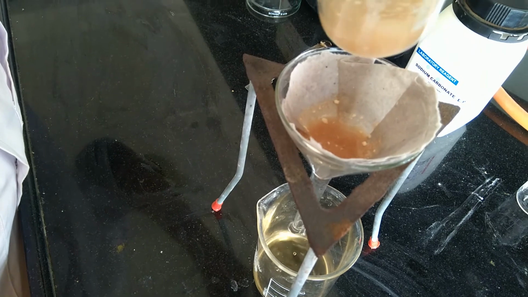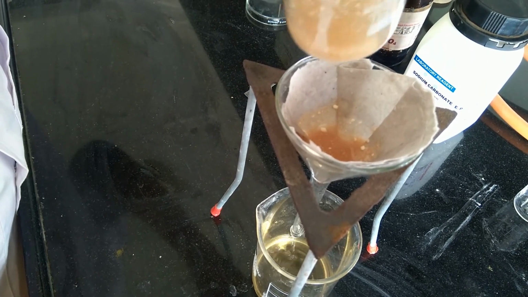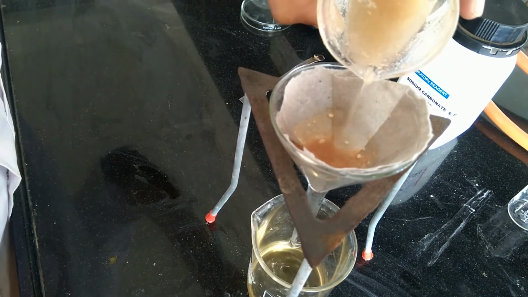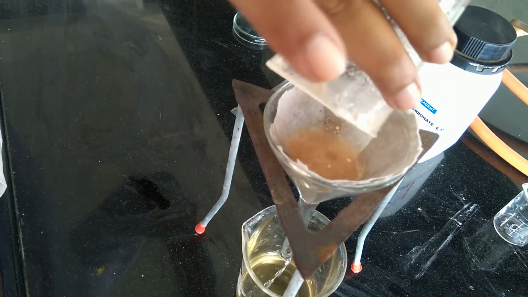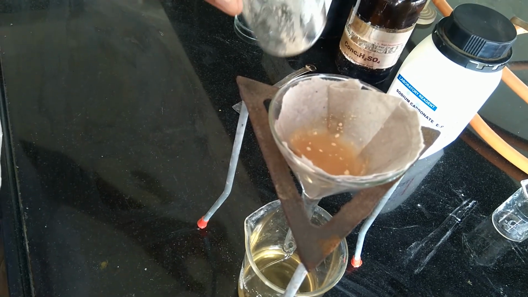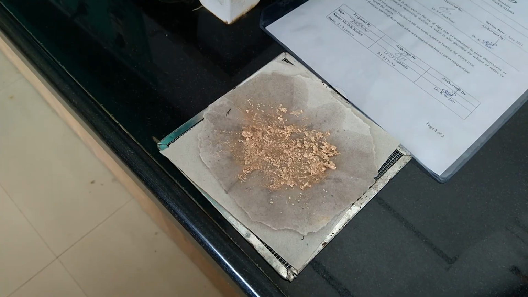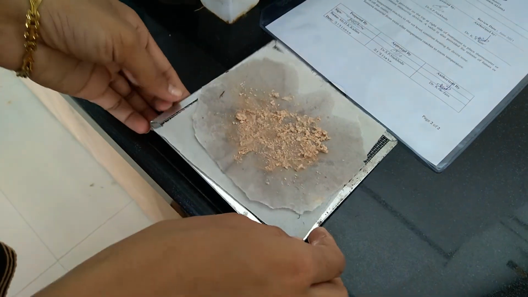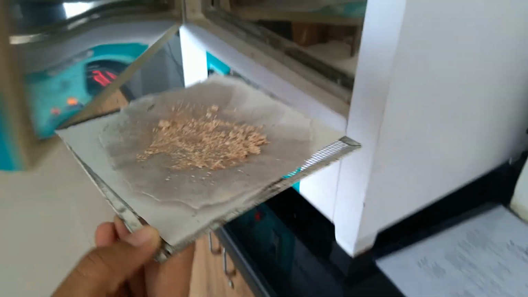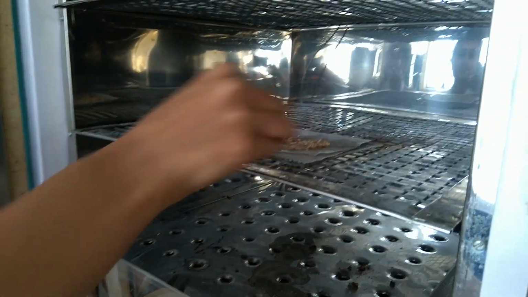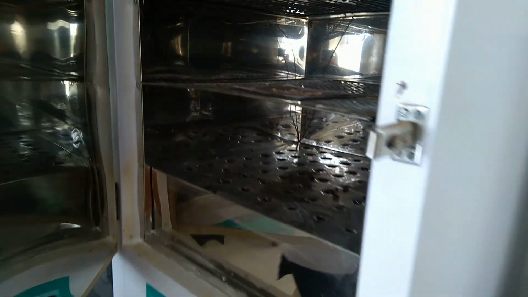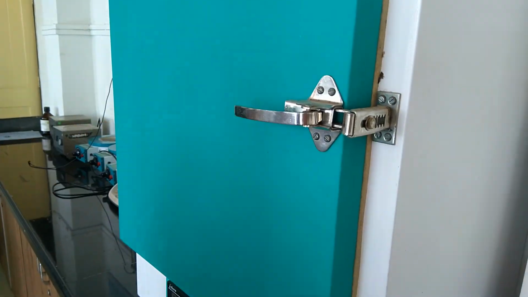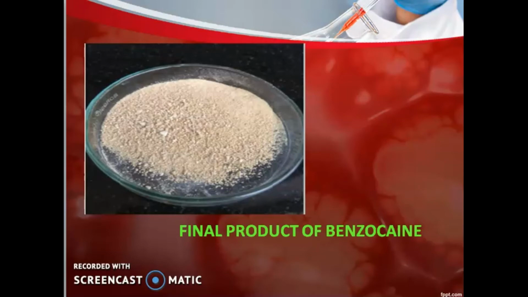See the precipitate obtained from this reaction. Now we will keep this crude product for drying. So students, this is our final product, benzocaine, after drying.